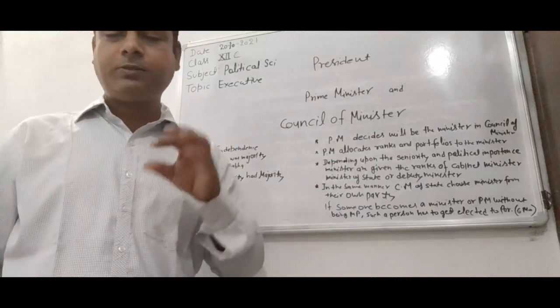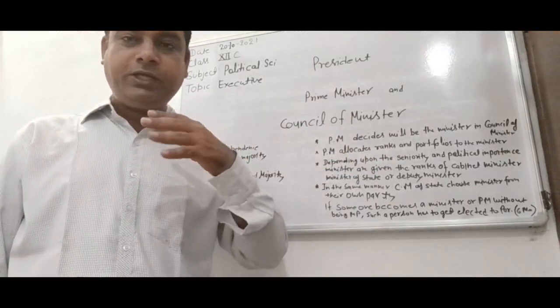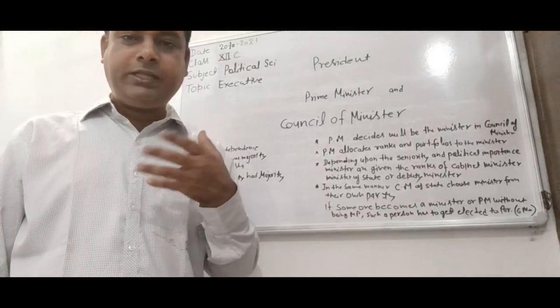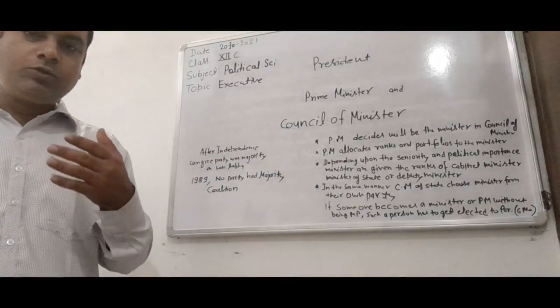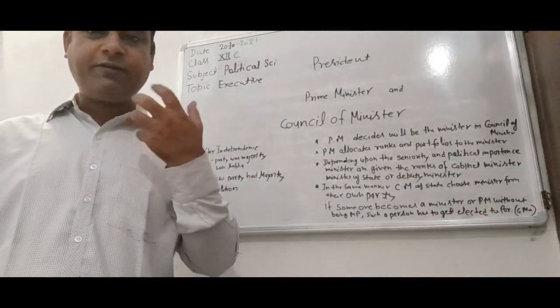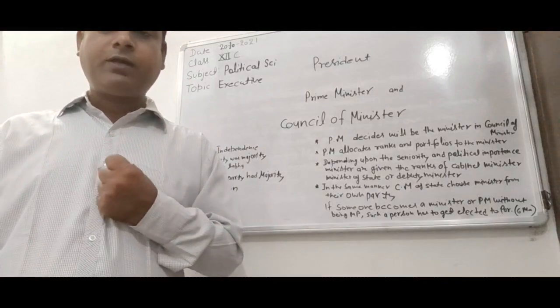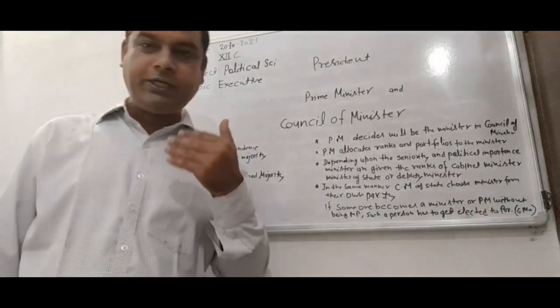Suppose, class, some MPs are very senior and their political importance is very high, so the Prime Minister gives them important posts like finance minister, defense minister, etc. So these are the criteria.